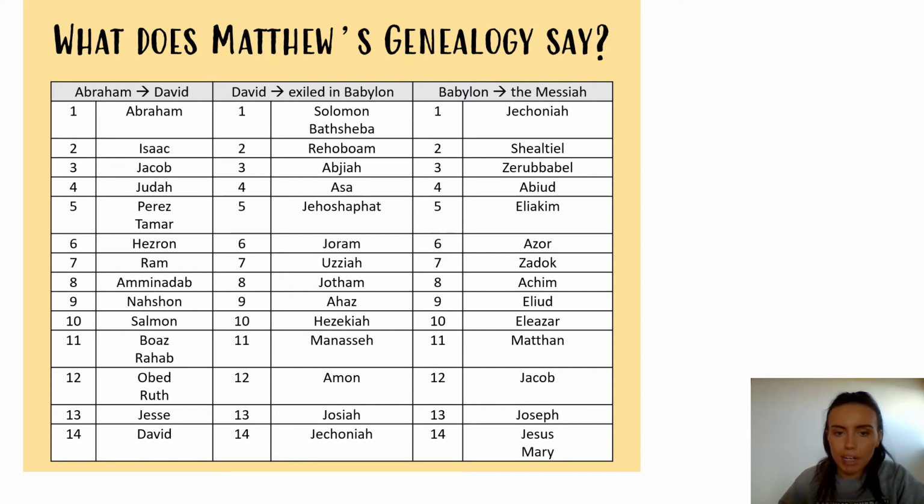Now, a question we might have at that point is why? Why has Matthew organised this into sections of 14? And the answer is a little bit up for debate here. Some scholars suggest that 14 is the number 7 doubled, and the number 7 is highly significant in Judaism.